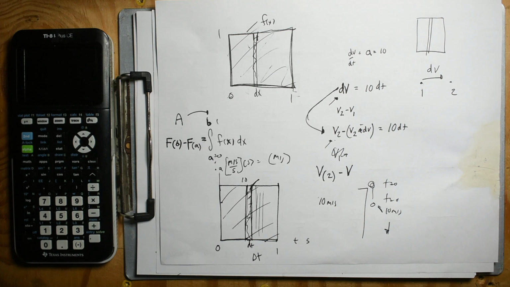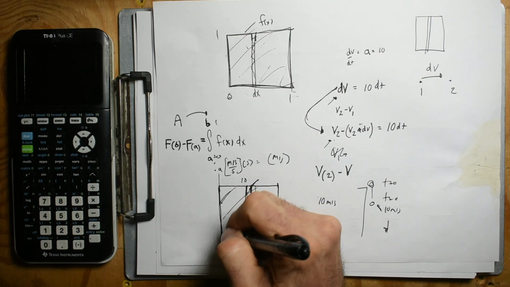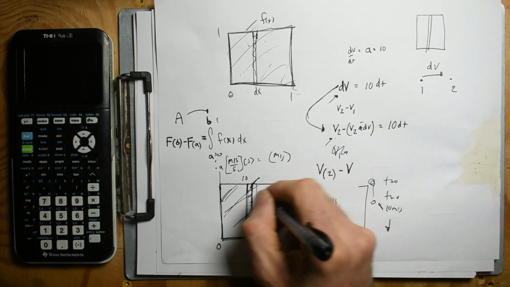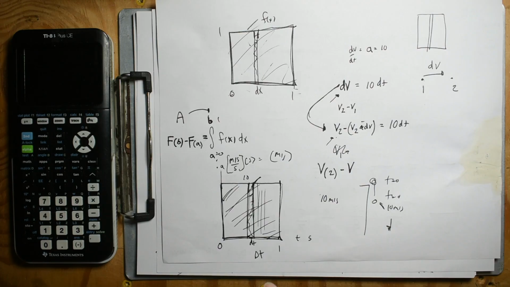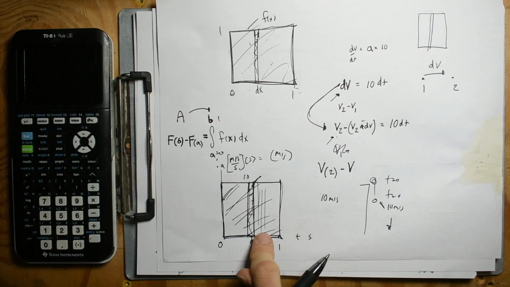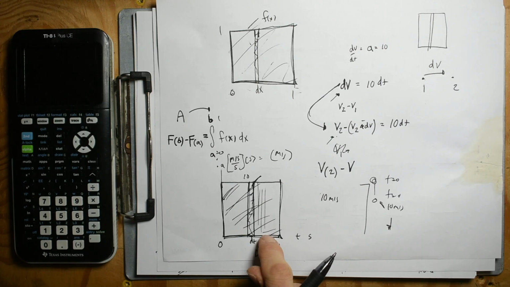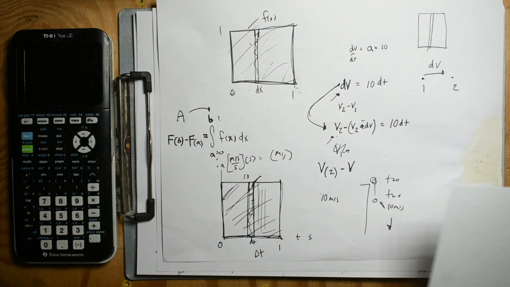And this is why the whole area under the curve stuff is so interesting. Sure, you can find the area of a table, you can find the area of a square, but does this make sense?